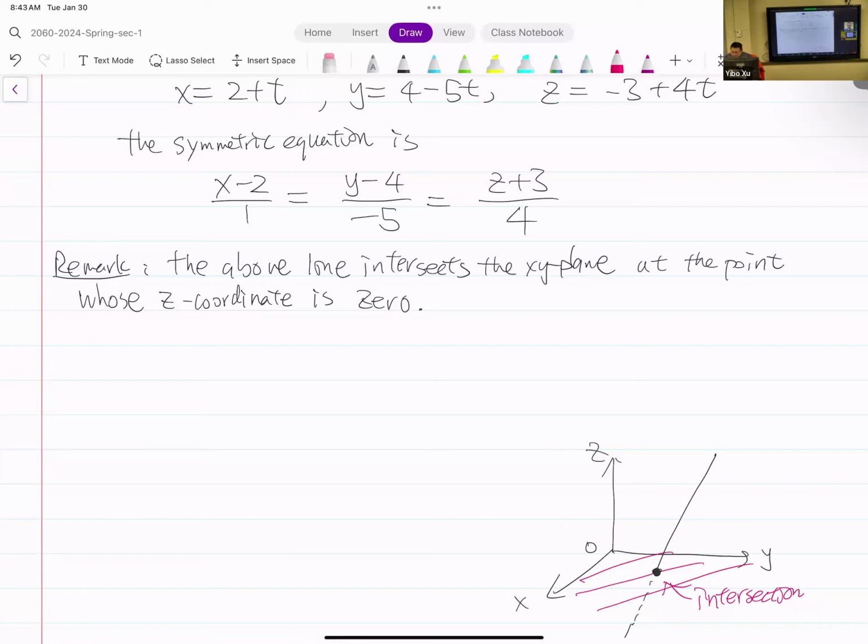Okay. So now what do we do? This is really similar to what you have seen in the xy plane, where if you have a line like this, this is a two-dimensional thing. The line can intersect the x-axis at one point. It can intersect the y-axis at one point, right?